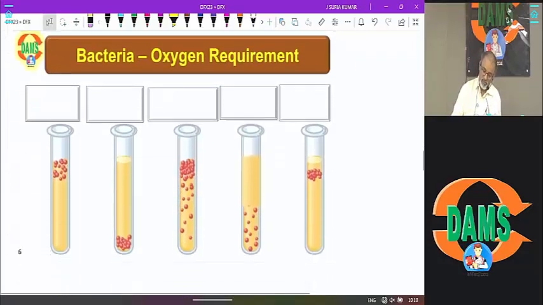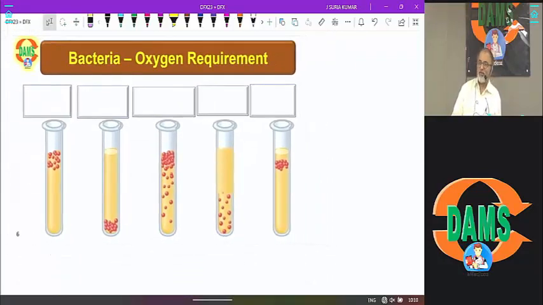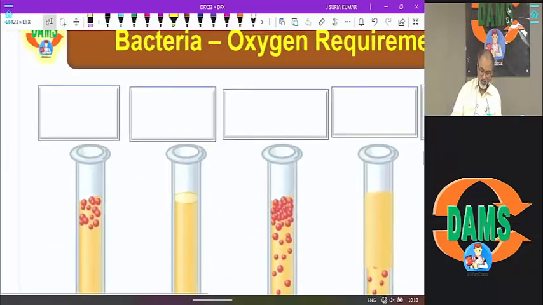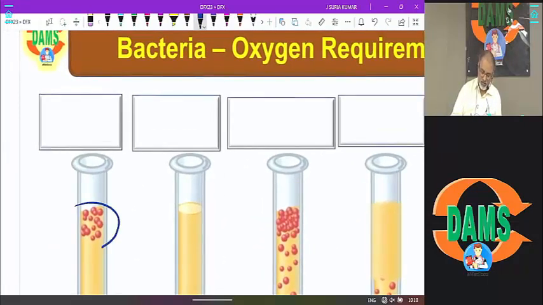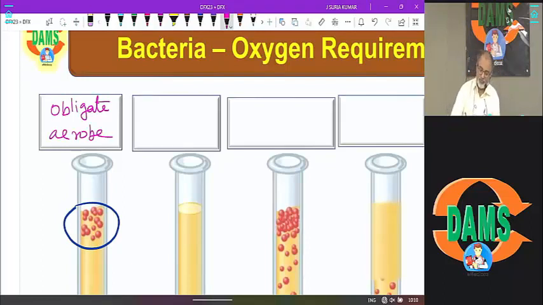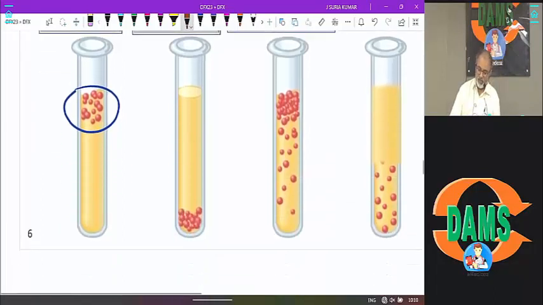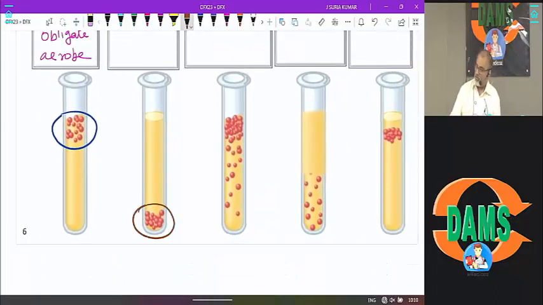Bacterial oxygen requirement. Based on the oxygen requirement, what is it? It grows on the top, where there is presence of oxygen. What is it called? Obligate aerobe. Excellent. Second one, where there is no oxygen, it will grow.